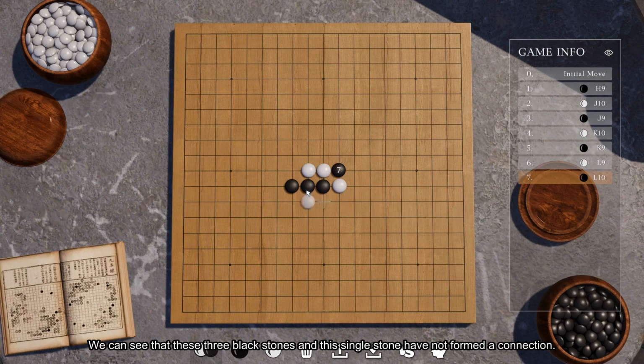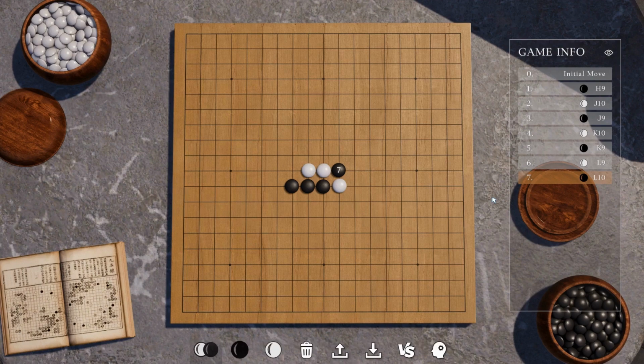We can see that these three black stones and this single stone have not formed a connection. Similarly, these two white stones and this single stone have not formed a connection either. So now there are four groups of stones on the board. That is why we first learn this concept of the number of groups.